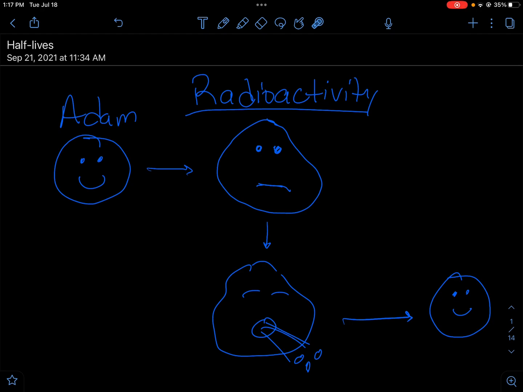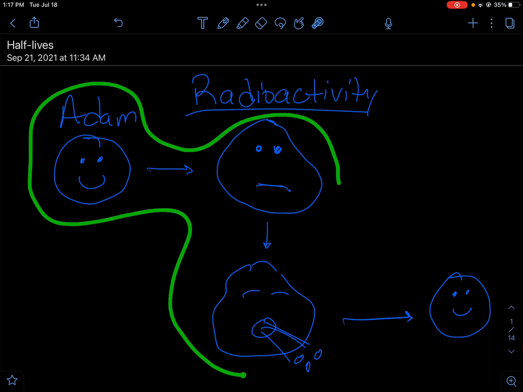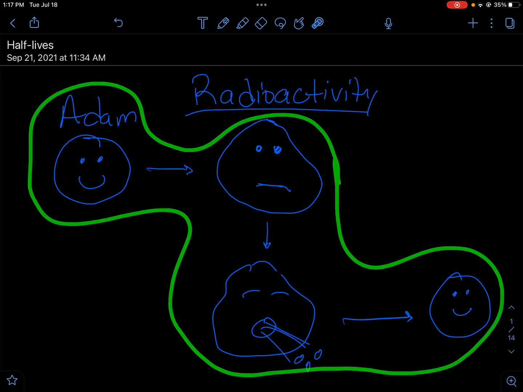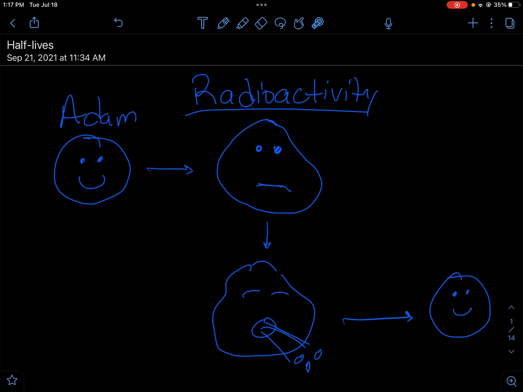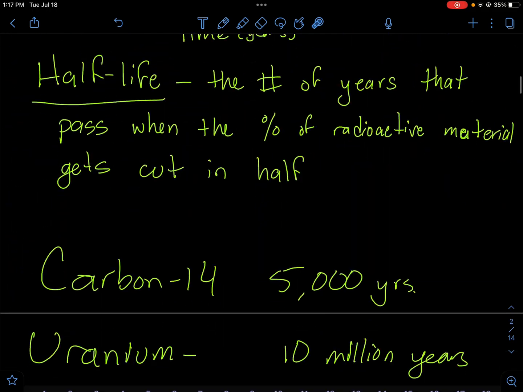A lot of these radioactive elements are naturally decaying over time, and you don't necessarily want to be close to them because they can be at toxic levels, and they're always decaying all the time. So at what rate do they decay? Well, that's exactly what we go over here.